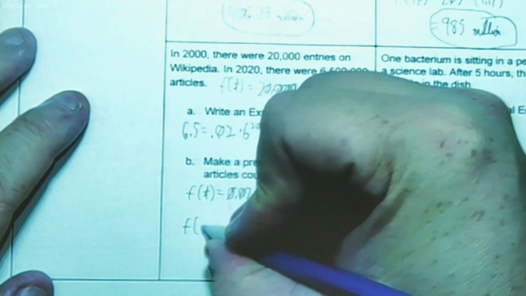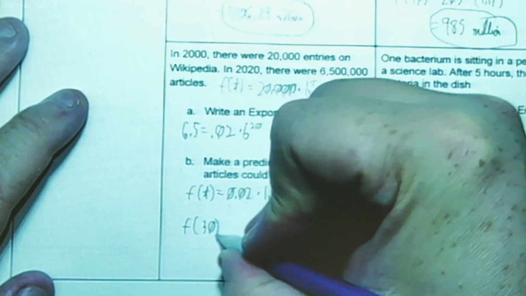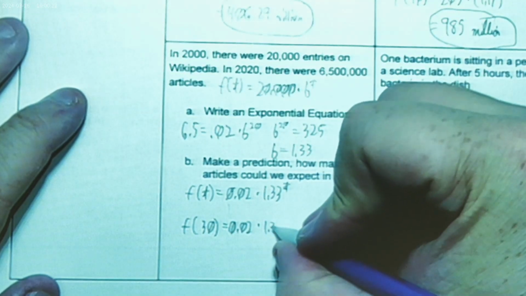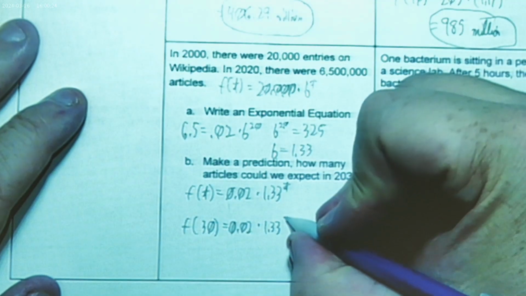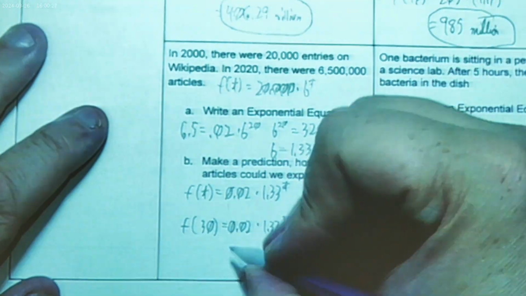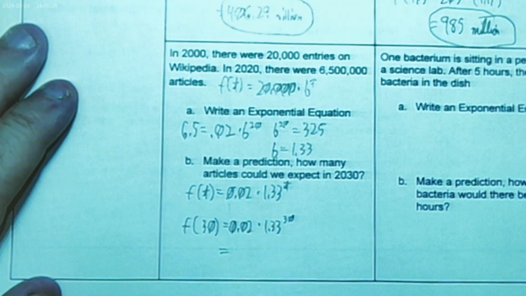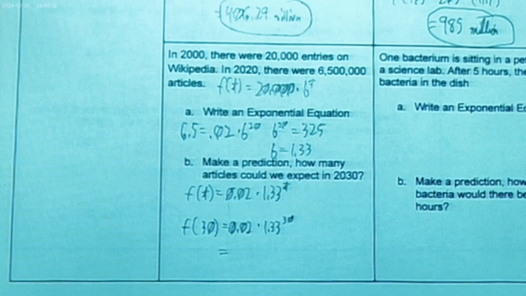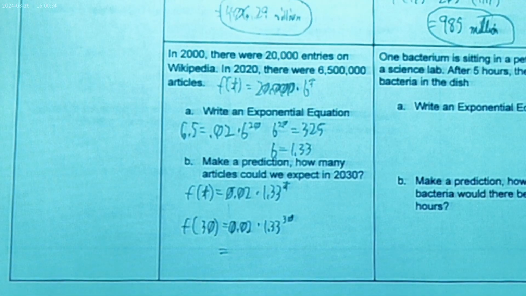So that means we have f of 30 equals 0.02 times 1.33 to the 30. You can just read it across going left to right and enter it in exactly as you read it.